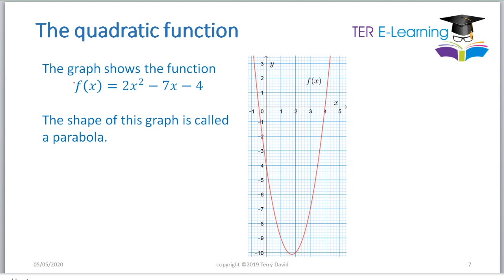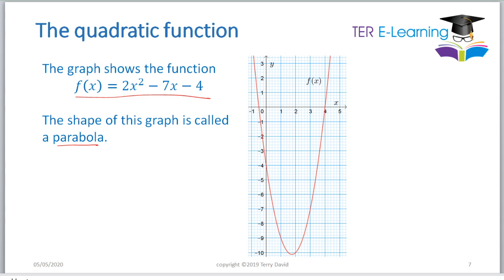I've drawn a quadratic function here, and the function is given by 2x squared minus 7x minus 4. Now you all need to know that when I draw a graph like this, it has a particular name. It is called a parabola. Some people will pronounce it differently, but it's called a parabola.